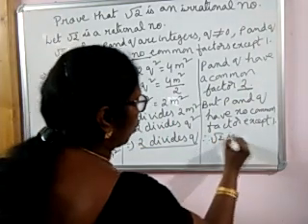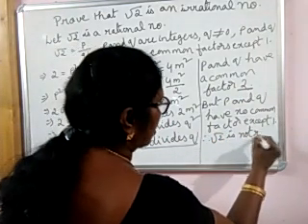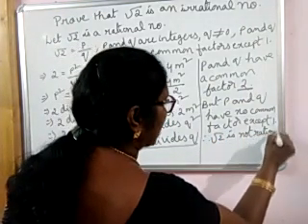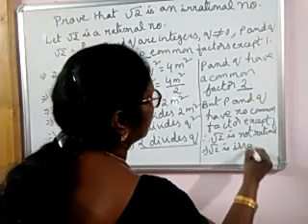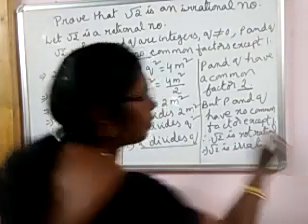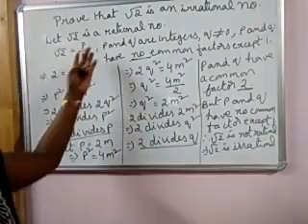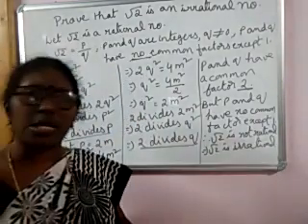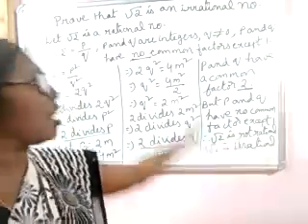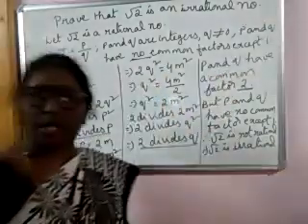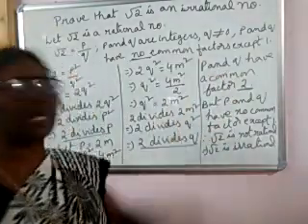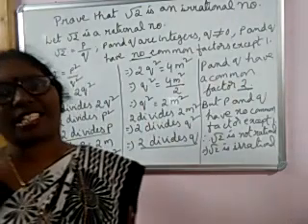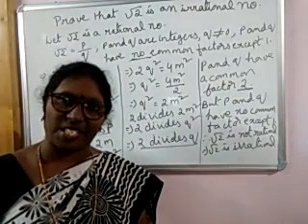Therefore, root 2 is not rational. If it is not rational, root 2 is irrational. I believe you understood. Why is root 2 not rational? Because P and Q have common factor 2, but we know that P and Q have no common factor. That's why it is not rational. If it is not rational, it is irrational.